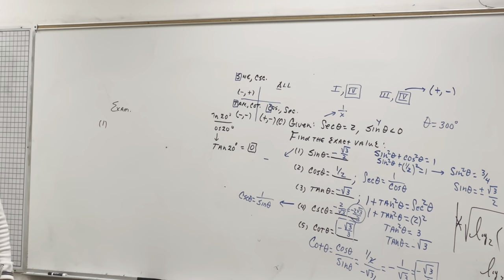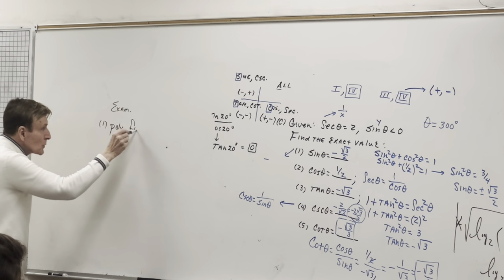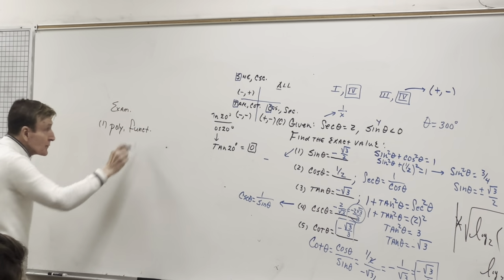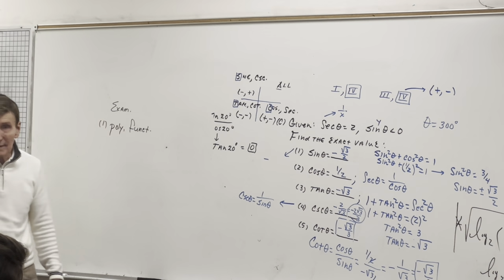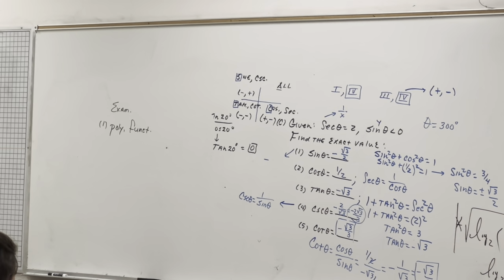You have a polynomial function. Now, I don't have your quizzes to return to you yet. Professor, we had a quiz last night, and I got a 10 out of 10 on this quiz that we took last night, right? Well, you want to see another polynomial function. Now, I may not ask you to sketch it, I'll probably ask you to sketch it, but along with sketching it, you'll probably be asked to find what?